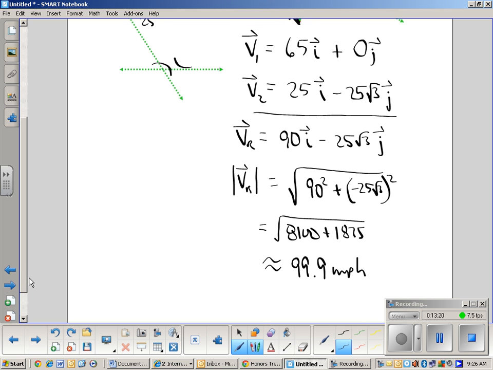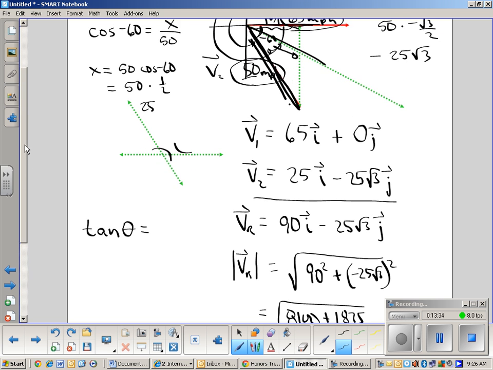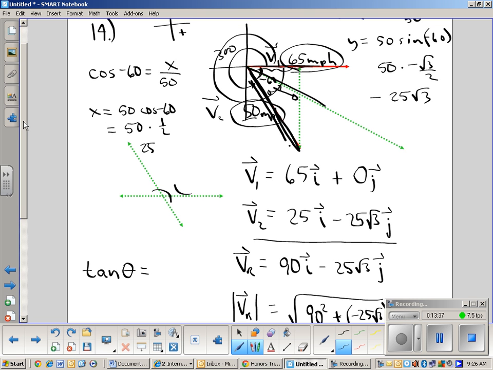The way the book always did this is they say, well, tangent of our angle is equal to, okay? We now know this side is square root of what?